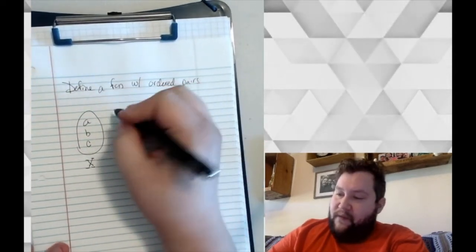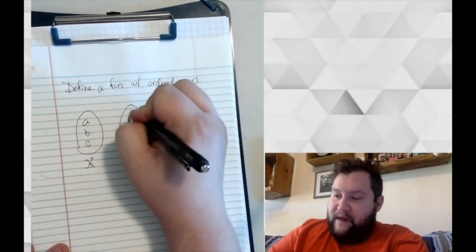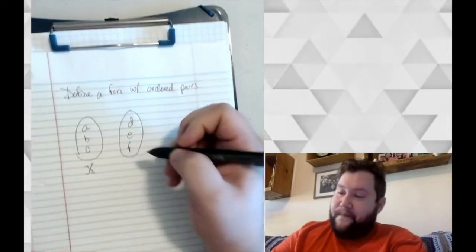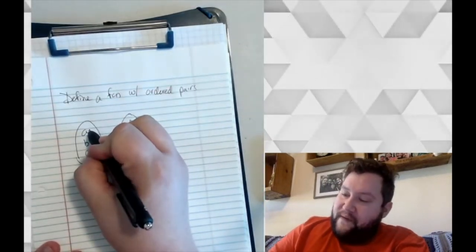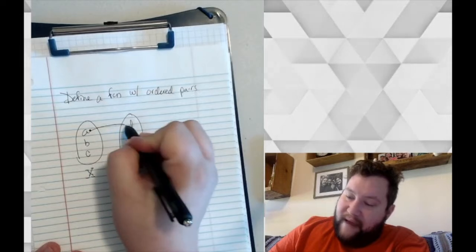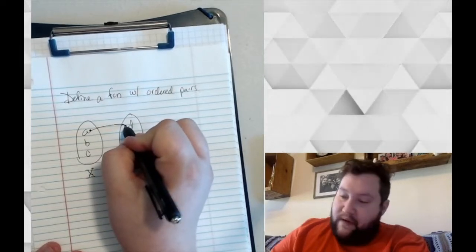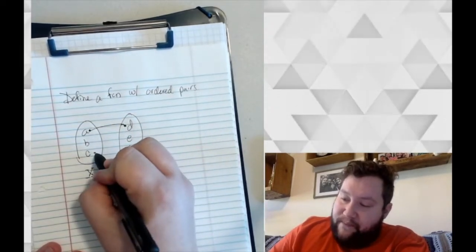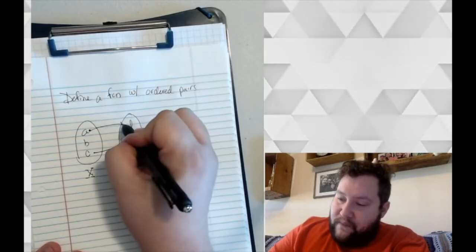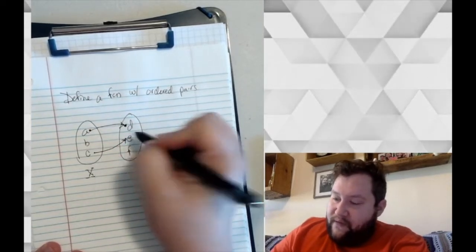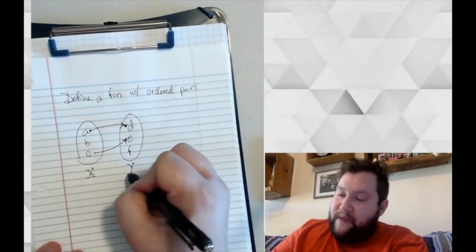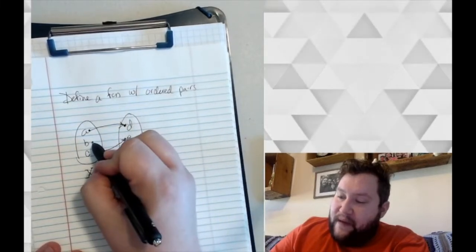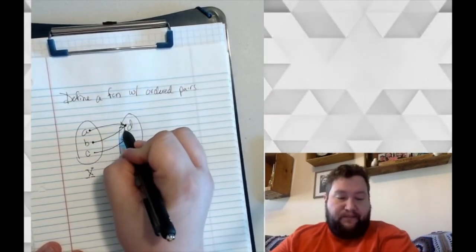And then we have some corresponding d, e, and f. As long as each of these goes to exactly 1 on the left, or on the right. I'll put an arrow just to remind us that it goes from x to y. Even if a second element goes to the same right.